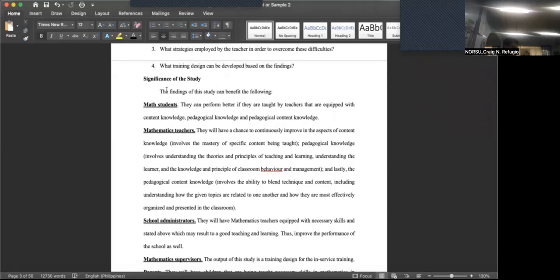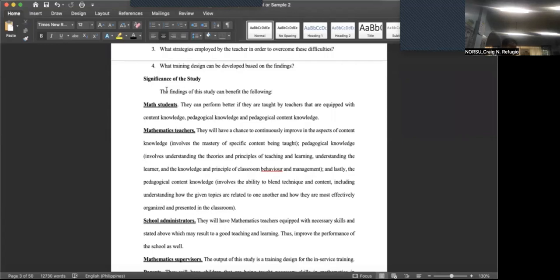In terms of the significance of the study, you are going to state who those people are, what agencies and organizations can benefit from the findings of the study. As a researcher, you look into who can benefit from the findings. Once you have identified them, you mention in what way they can benefit.